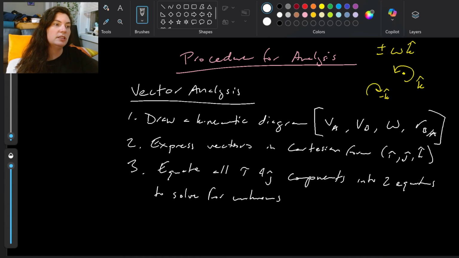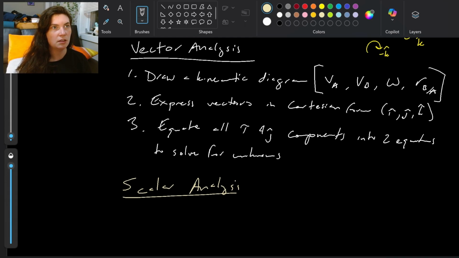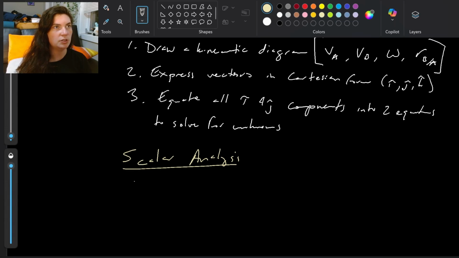As we mentioned, not only can you do this with a vector analysis, but you can also do this with scalar analysis. And really the difference is in that kinematic diagram, in that initial setup. If you want to do this in scalar analysis, we're still going to start with drawing that kinematic diagram, but what we're finding is a little bit different.